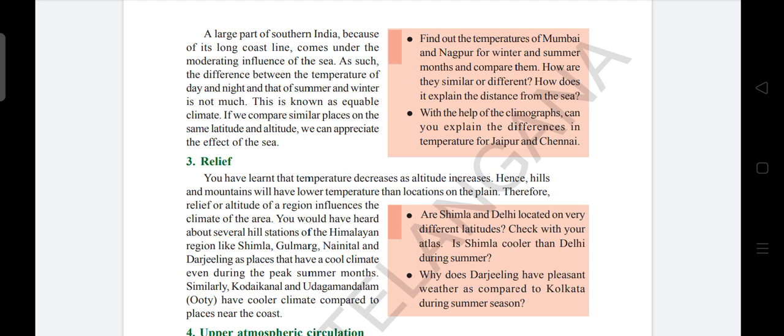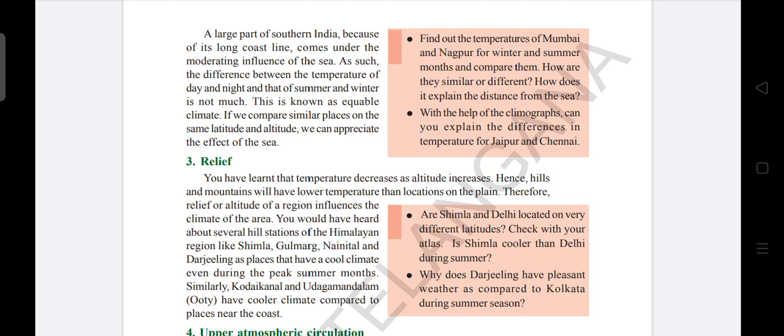So, the large part of South India, it is because of its long coastal line. Around the south it is a coastal area, because on three sides we have oceans: Bay of Bengal, Arabian Sea and Indian Ocean. So it has a long coastal line.